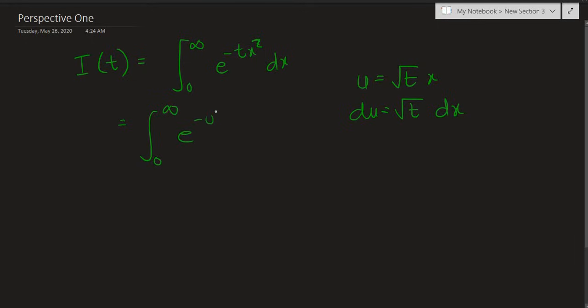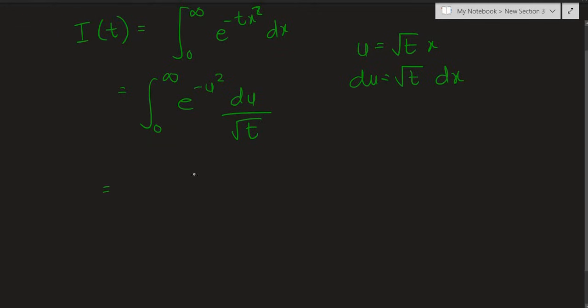With e raised to negative u squared, dx is du divided by square root of t. So we just have 1 over square root of t times our Gaussian integral now, right?